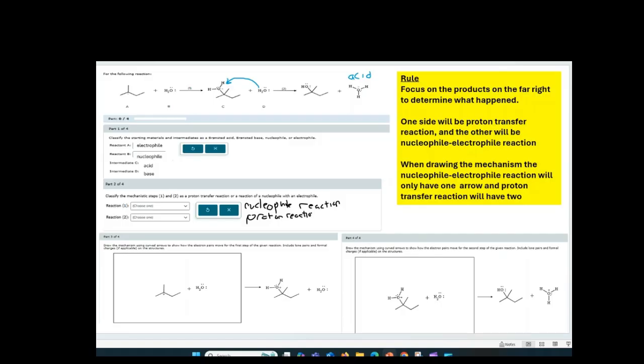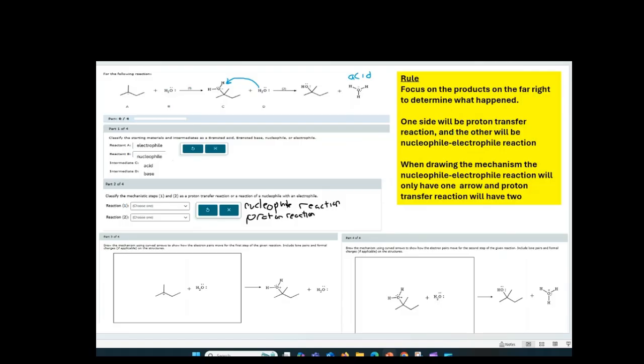And then the last thing ALEKS wants us to do is to draw the mechanisms of exactly what took place. So we see that it says that for part 3, and we've identified the steps of what happened earlier up here. So we know that this is the nucleophile-electrophile transfer.